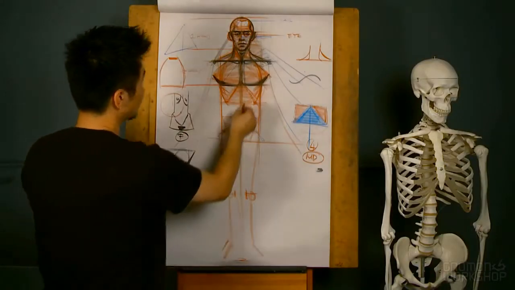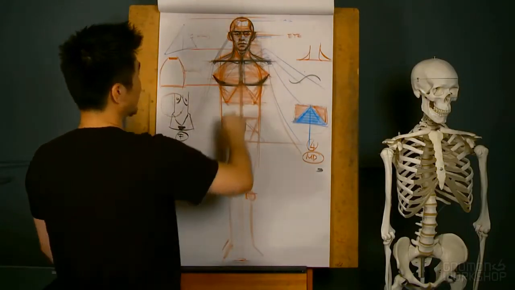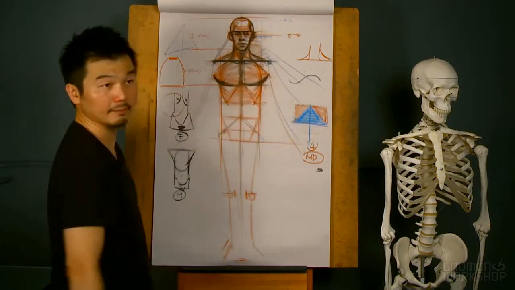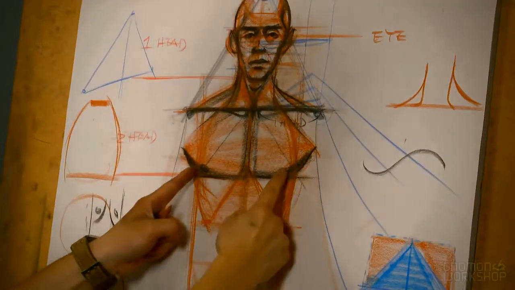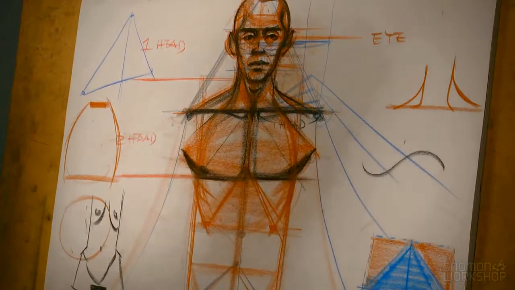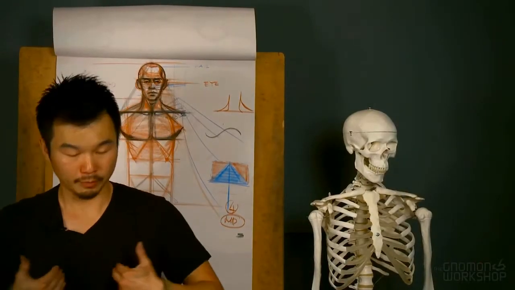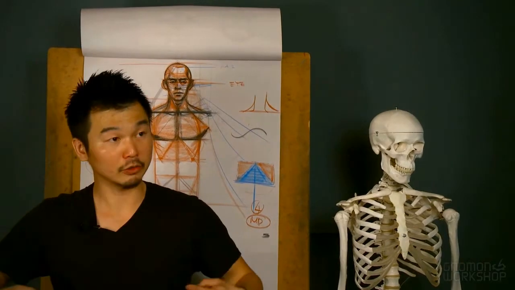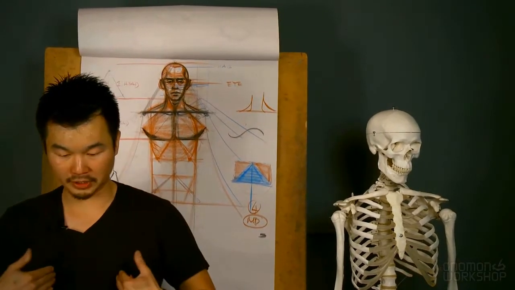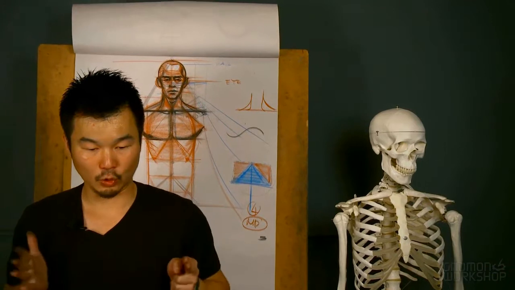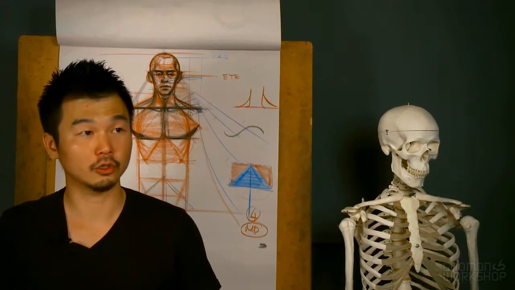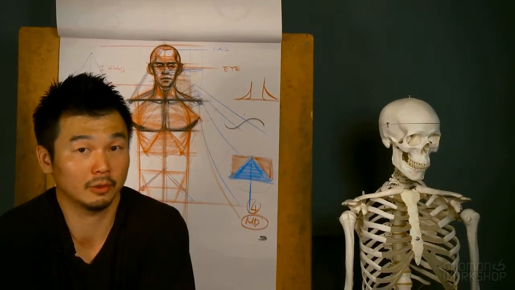The other thing, if you want to know the placement of the nipple, it's also about a head, so that can help you figure out where to place the nipple. My suggestion is to make the chest or nipple a little too far out to create that triangle shape. A lot of the time, if you misplace the nipple, you end up squashing the chest, and your drawing will start looking like this, and you probably don't want that.